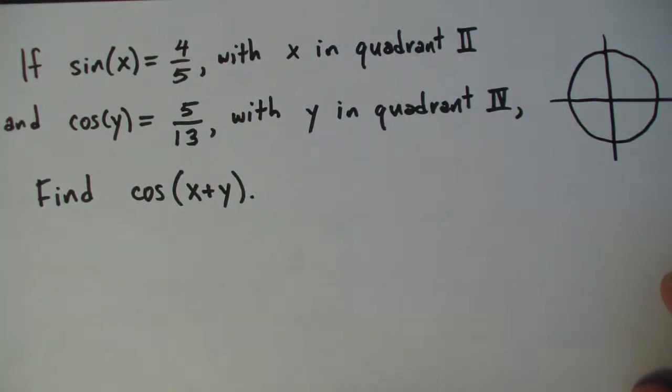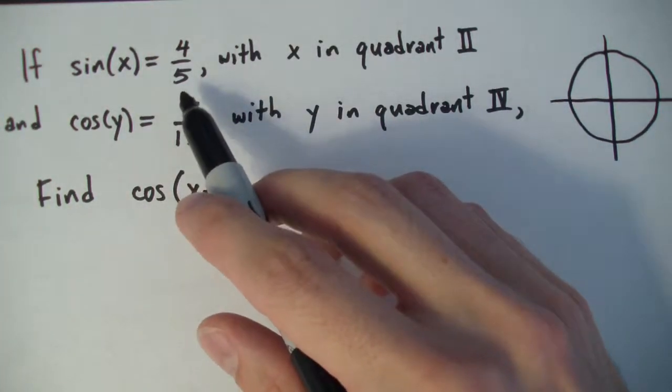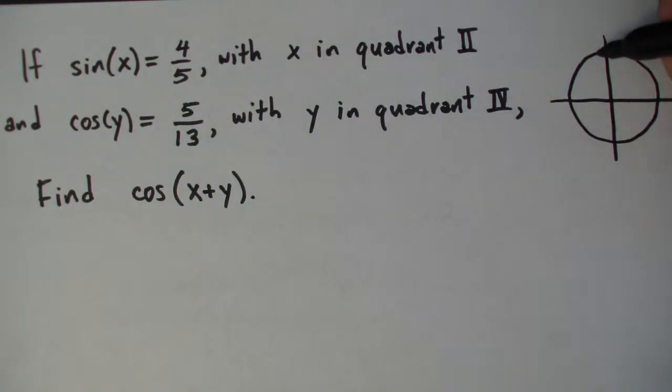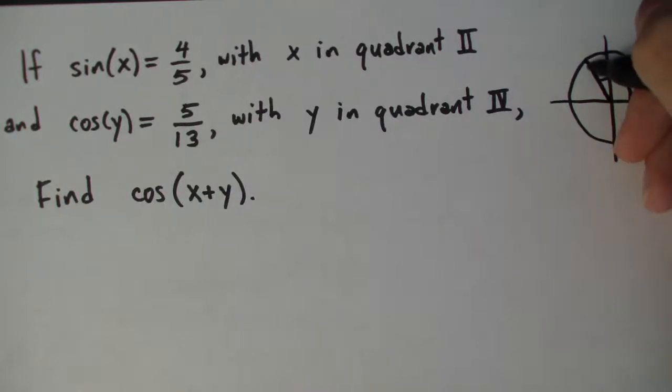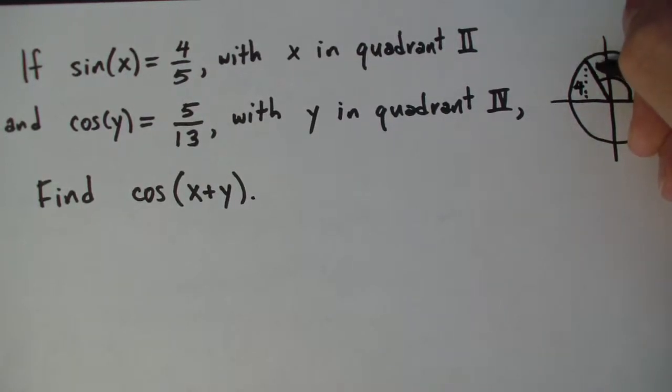So if you remember our knowledge about how the sine of an angle is defined in terms of a point on the terminal ray of that angle, we can draw x to look like this, where the leg here is 4 and the hypotenuse is 5.